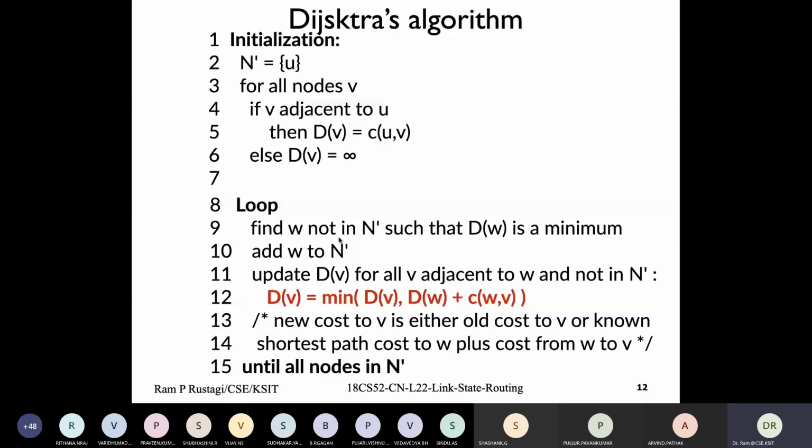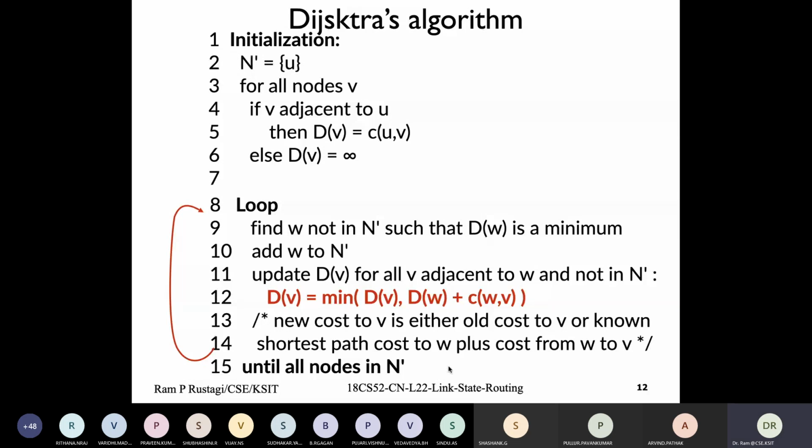So I basically do two steps. One is to find the node w, not in N prime, whose dw is minimum, and add it to N prime. Then for the node I picked, I look at all the distance vectors and update the minimum with respect to node u. That is basically my logic.